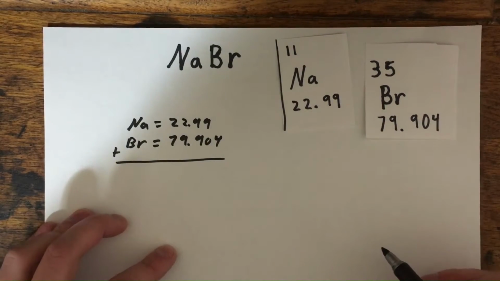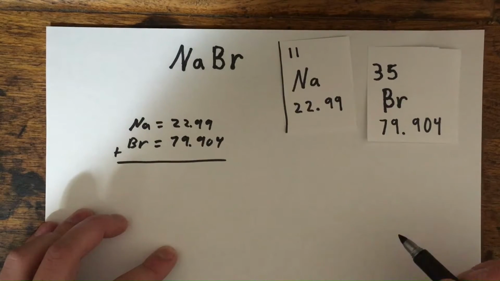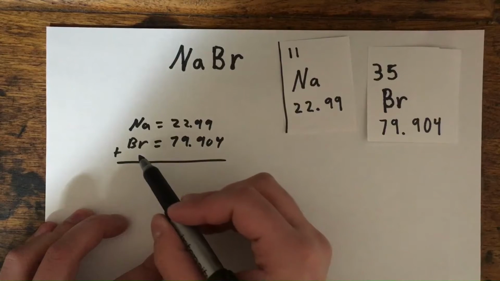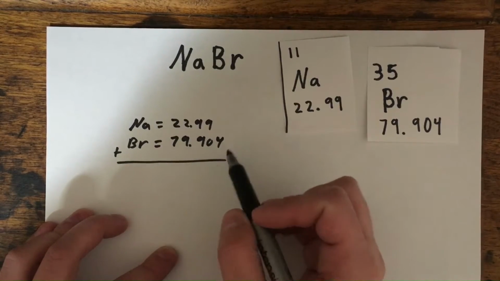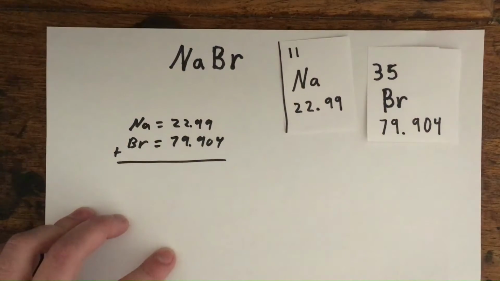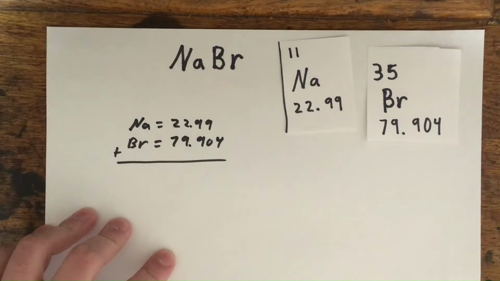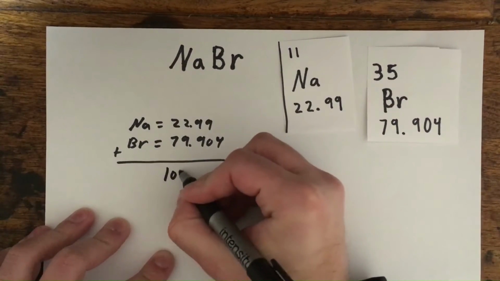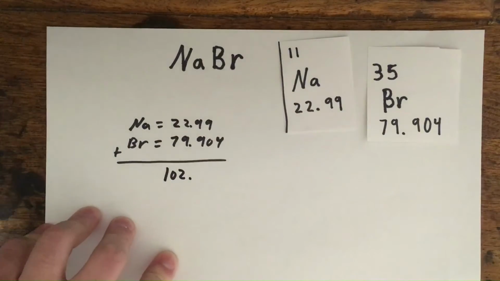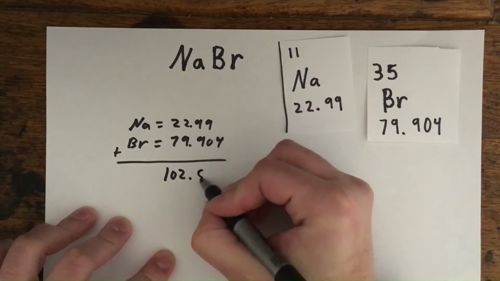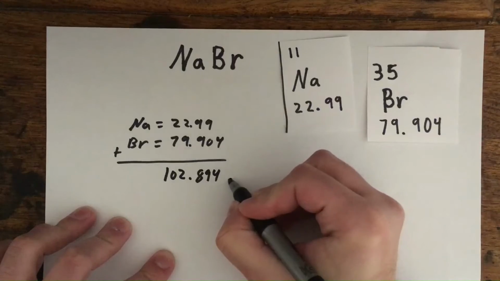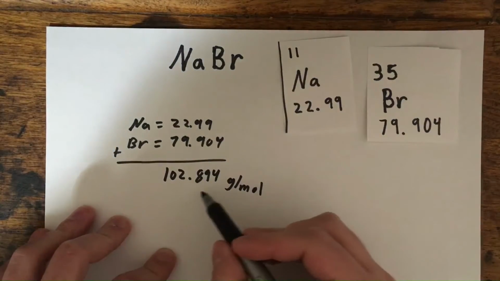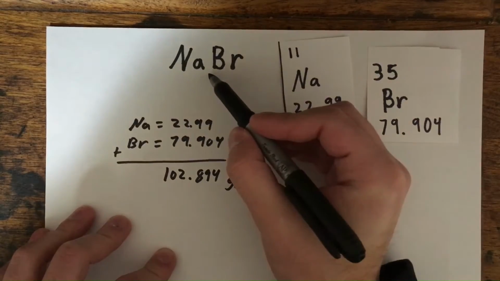So we know that the molar mass of Na is 22.99, molar mass of Br is 79.904, and if you add that together, you should come up with 102.894 grams per mole. That's the weight of 1 mole of this compound.